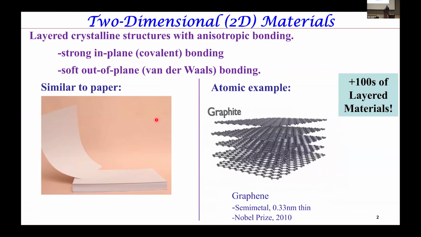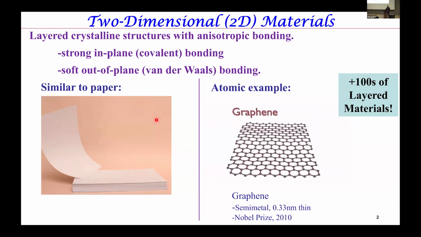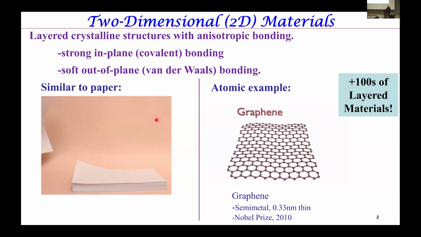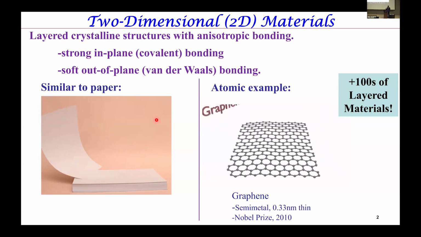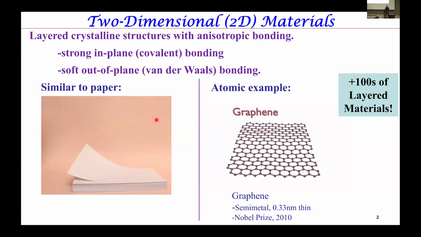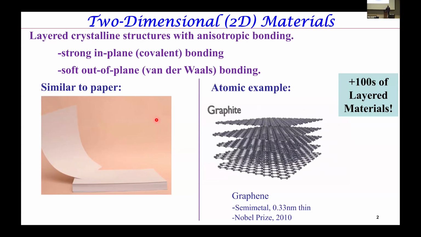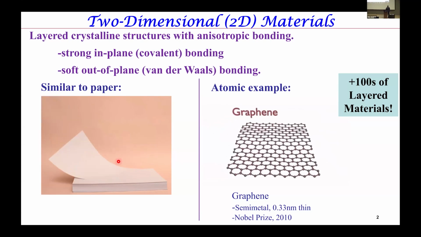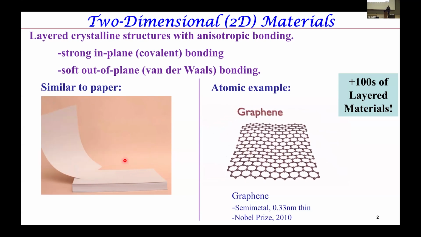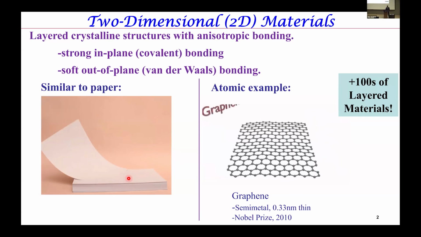So we work on 2-dimensional materials. No doubt many of you are familiar with this. I just show this slide usually for the students that may be relatively new in this field. These 2-dimensional materials, the most popular being the graphite system, can be understood as basically the equivalent of a stack of paper at the atomic level. Just like a stack of paper, you can peel one sheet from the stack.